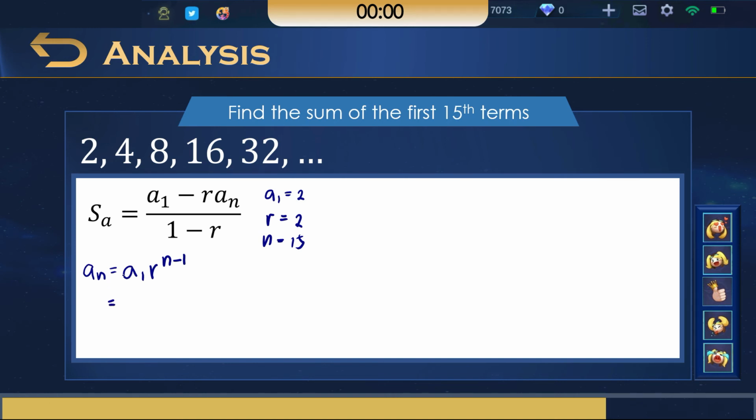Okay, let us substitute the values. We have a sub 1, which is 2, times r, which is 2, raised to n, which is 15, minus 1. So 15 minus 1, we have 14.